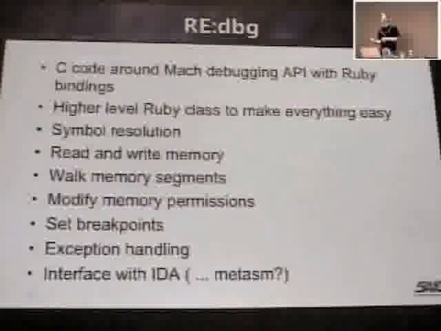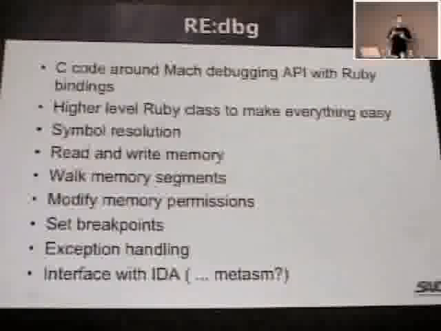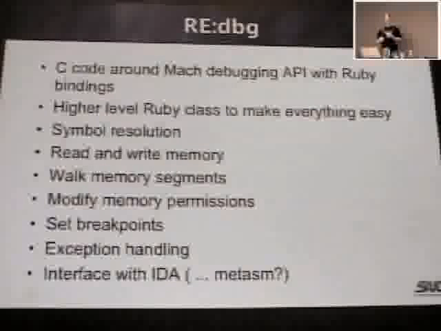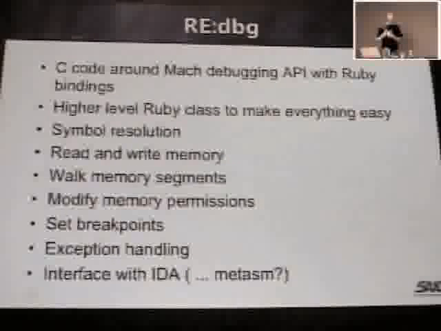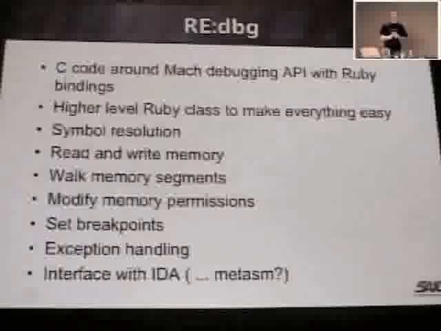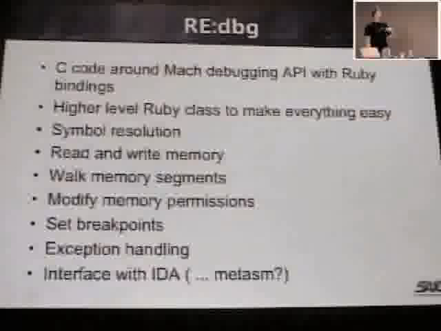Then we'll create a higher level Ruby class that allows you to easily create processes, attach, set breakpoints, specify handlers for breakpoints, walk memory structures, change permissions on memory segments so that you can modify them, and also query information from a disassembler like IDA.